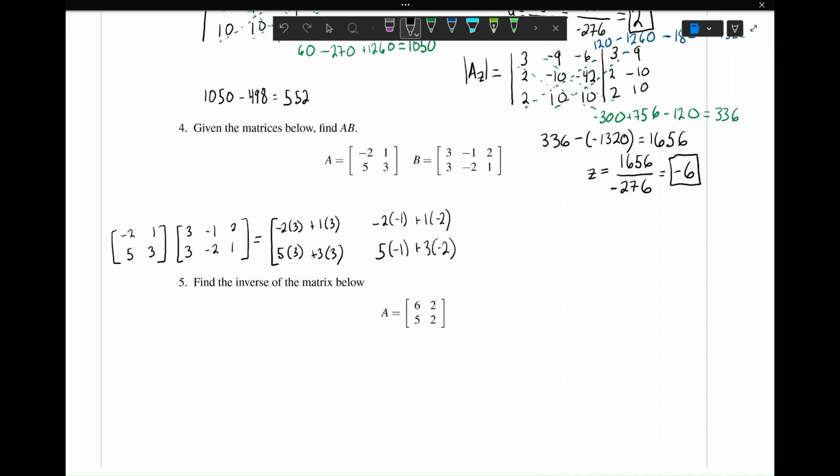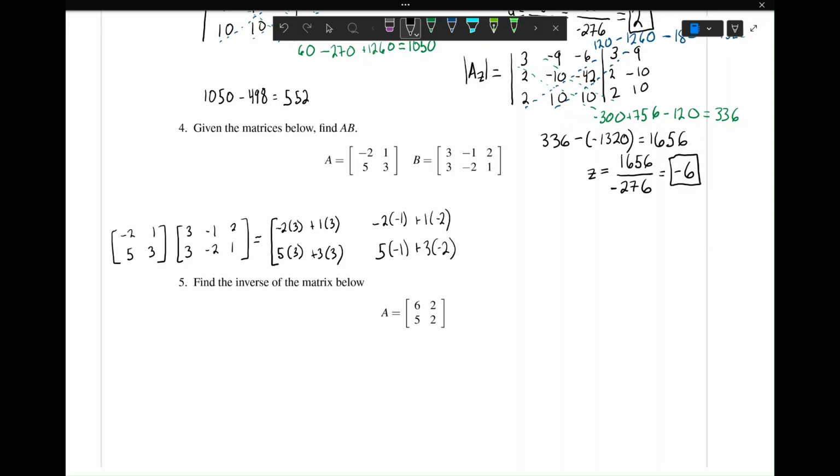A good way to look at it is notice that in the first row of my new matrix, I'm using the first row of my first matrix over and over again. And then I'm using in the columns, I'm using the columns of my second matrix.